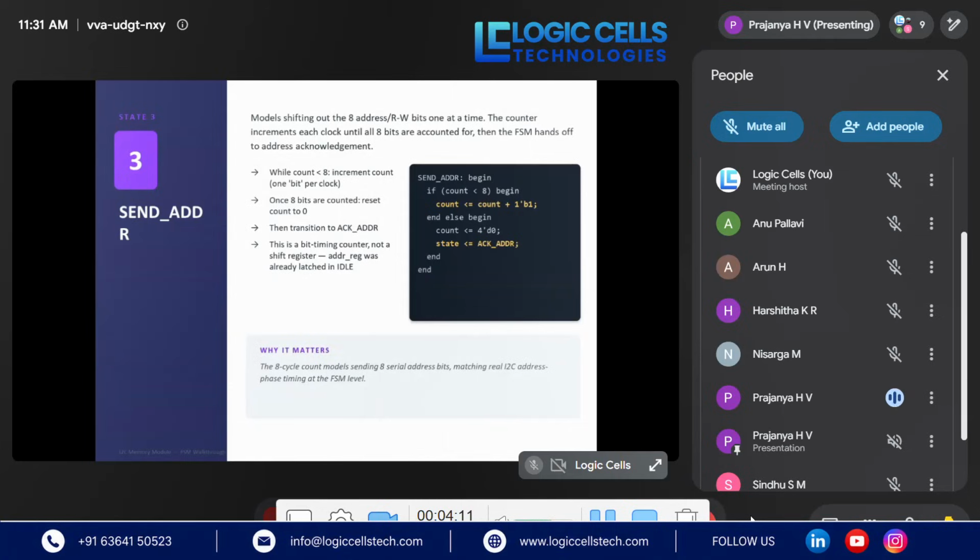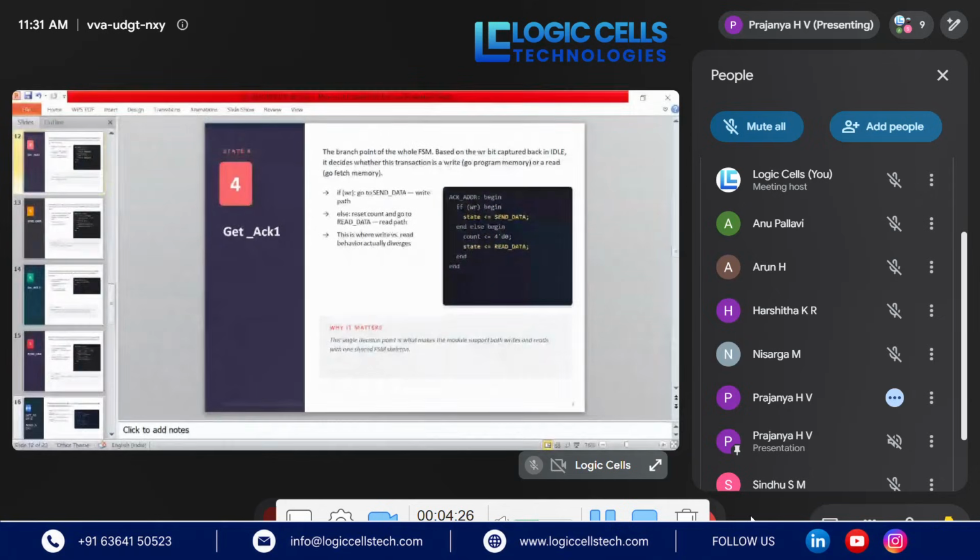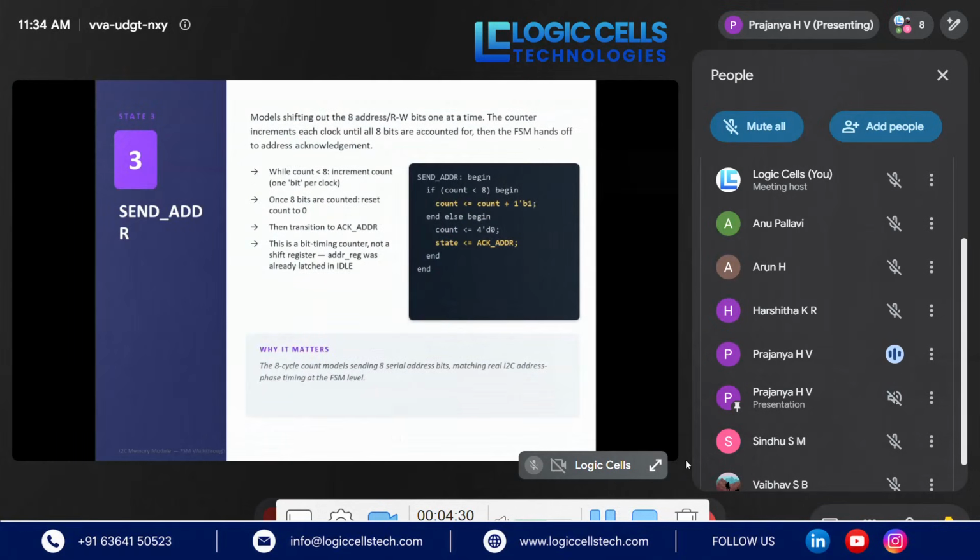This is a bit timing counter, not a shift register. The address register was already latched in idle. The purpose of send address is to send the address information.